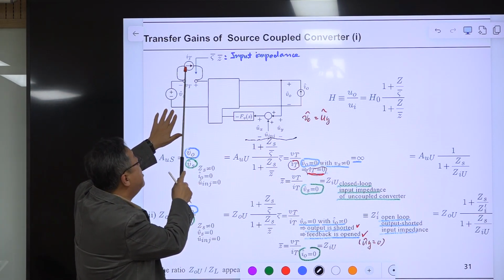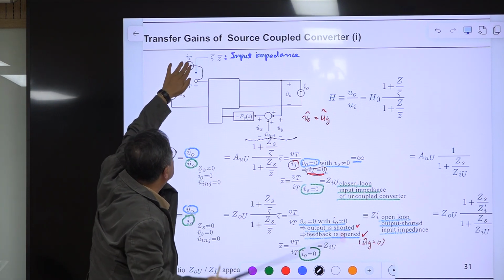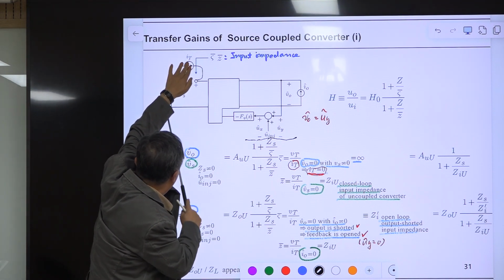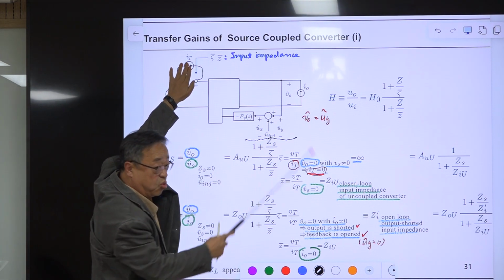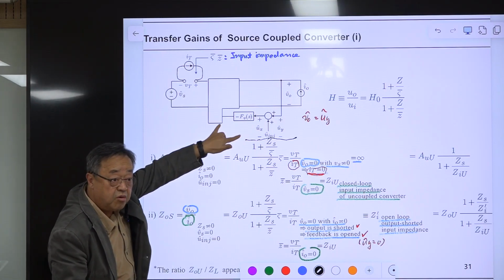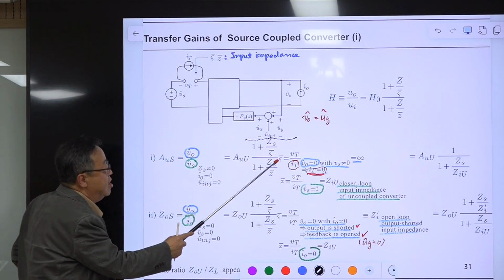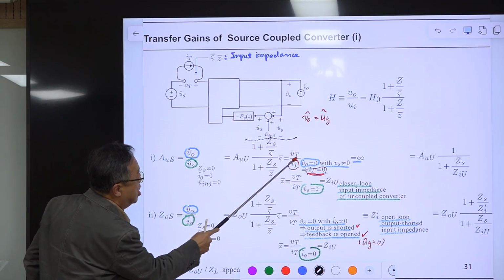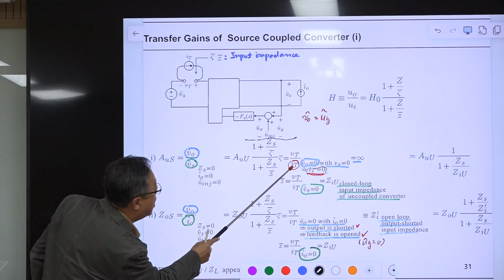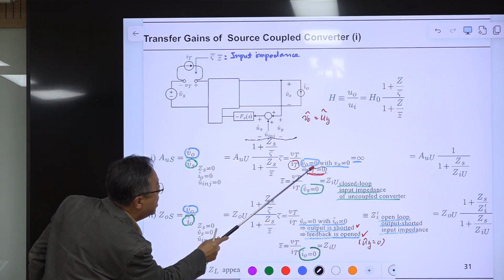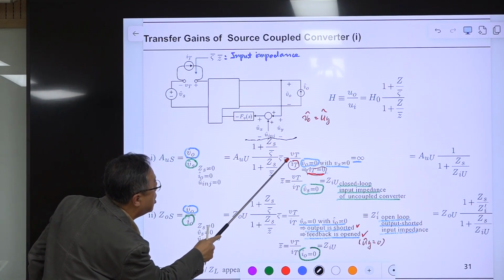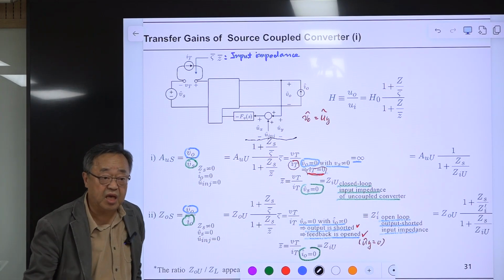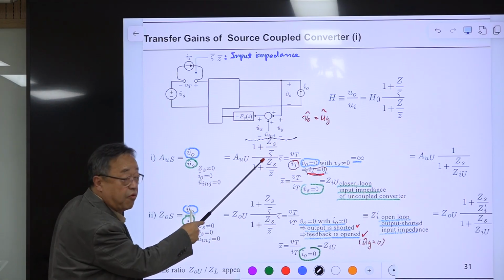When IT is 0, this is open. Then whatever occurs here, this will be 0. Input is 0, output is 0. So for this case, you are evaluating the ratio VT divided by IT. With IT equal to 0, this becomes infinity, then this term is gone.